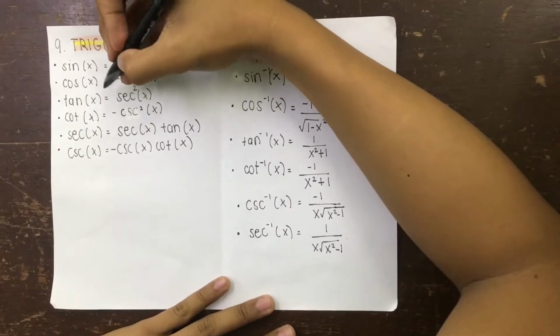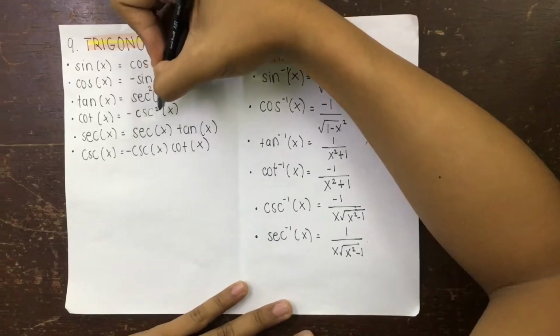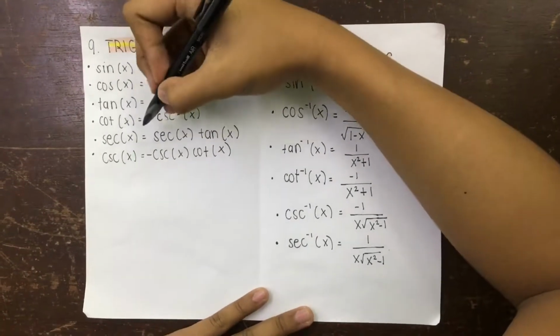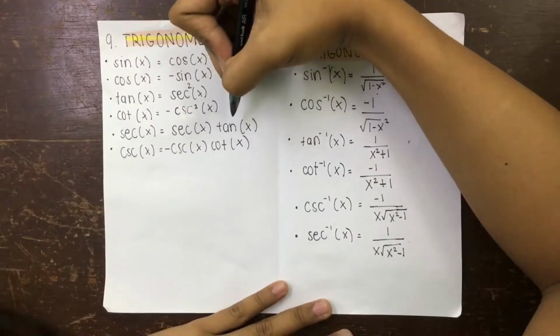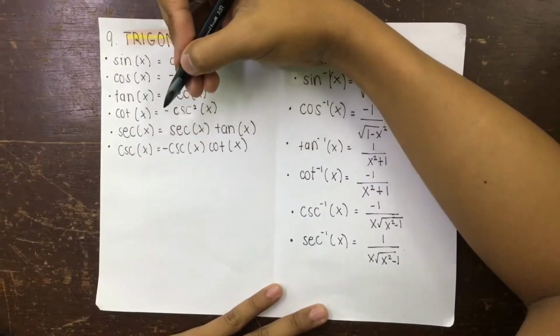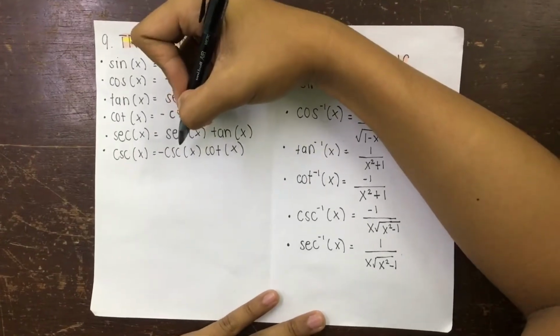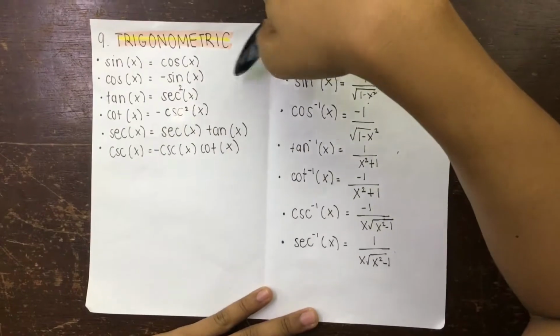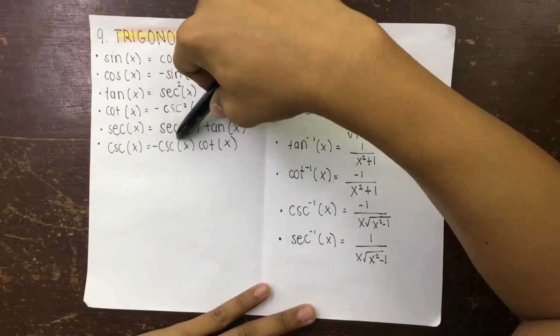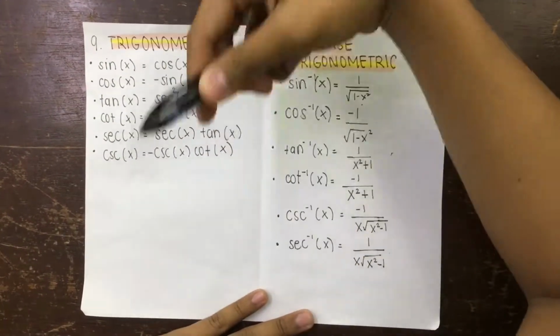The derivative of cotangent x is equal to negative cosecant squared x. The derivative of secant x is equal to secant x times tangent x. And lastly, the derivative of cosecant x is equal to negative cosecant x times cotangent x.